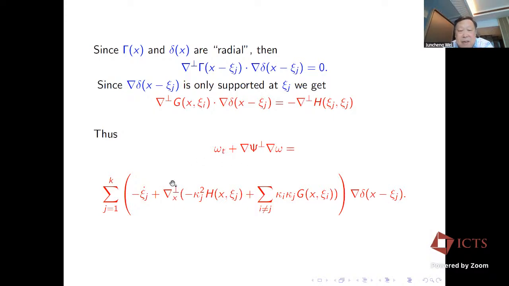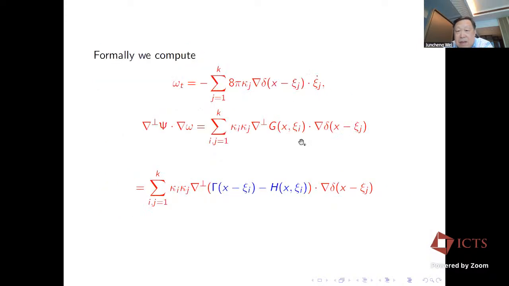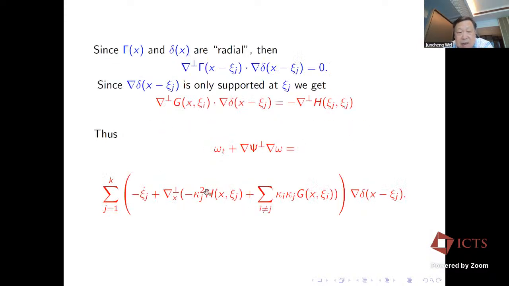We get K prime here, and we get the gradient perp of this function times the gradient of the Dirac. Now this is a well-known function when we do concentration. This is called the Kirchhoff-Routh reduced energy function.